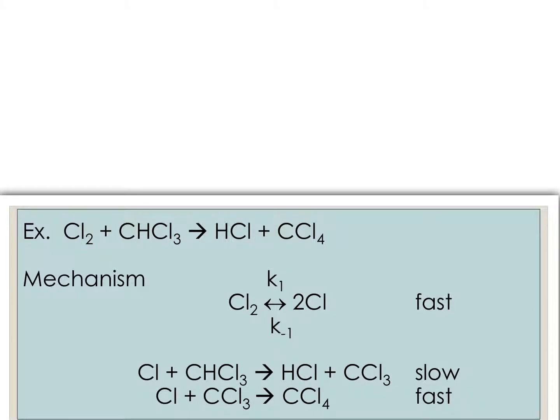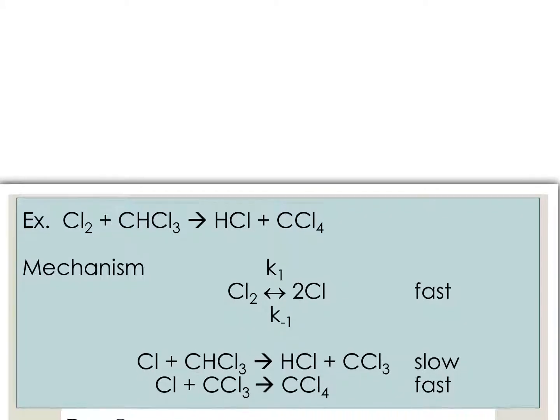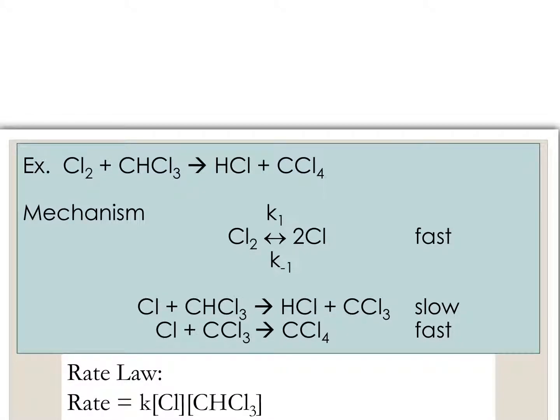So we have the reaction Cl2 reacts with CHCl3 to form HCl and CCl4. This is the hypothetical mechanism with the 3 elementary steps. We write the rate law from the slow step. Cl, though, is only an intermediate.